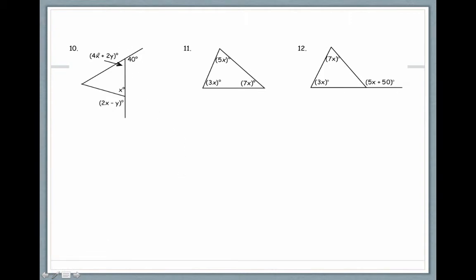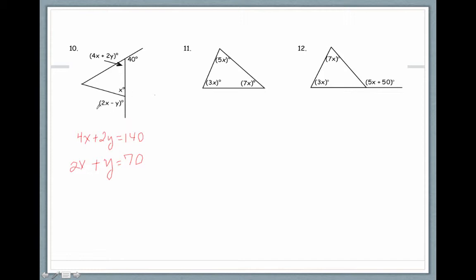Okay, so this one, the first thing we know is that 4x plus 2y plus 40 is 180. So 4x plus 2y is 140. And we can divide by 2 all the way through and get 2x plus y is 70.